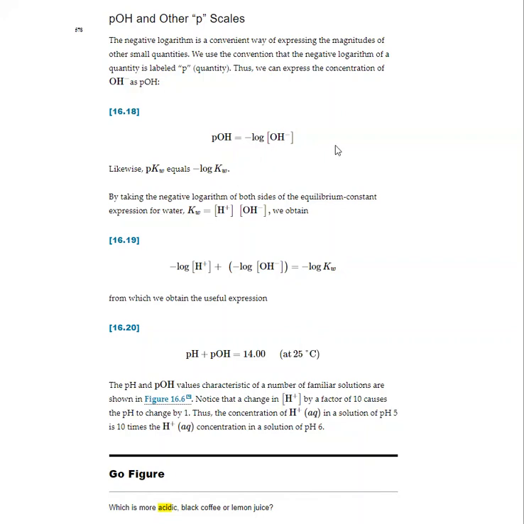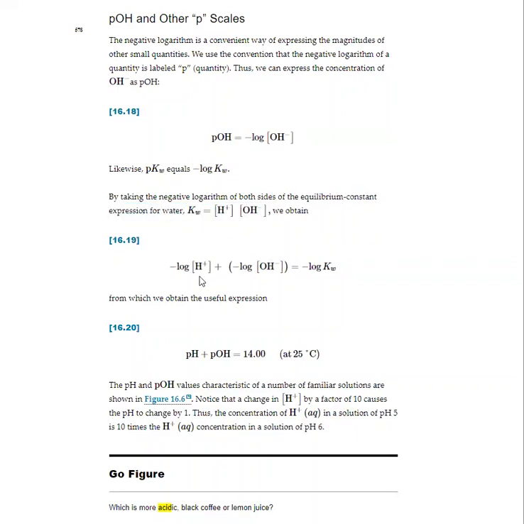Kw is the ion product constant of water. So remember, water has a pH of 7, so it's neutral. If it's neutral, it has an equal concentration of hydrogen ions and hydroxide ions. So when you take the negative log of the hydroxide ion plus the negative log of the hydronium ion, you get the negative log of Kw, because remember Kw is that product.